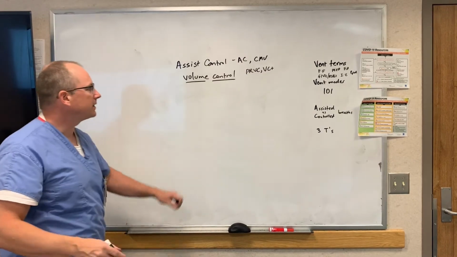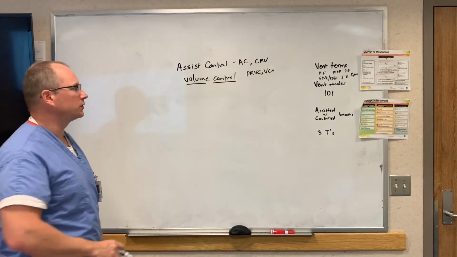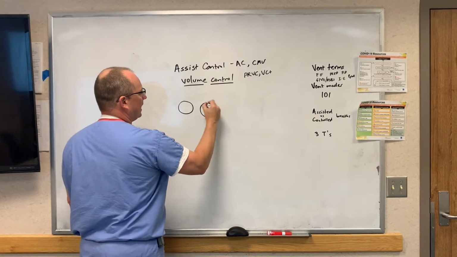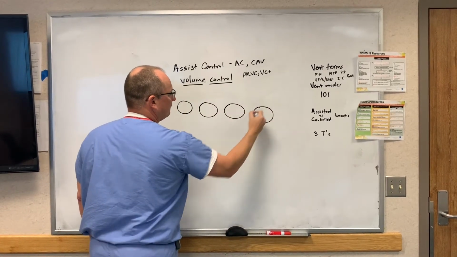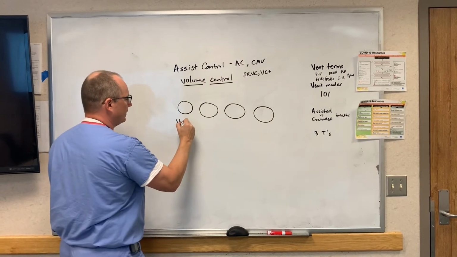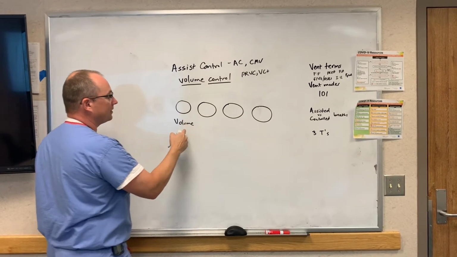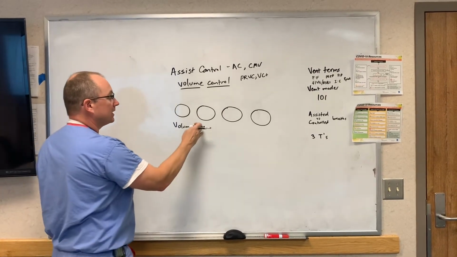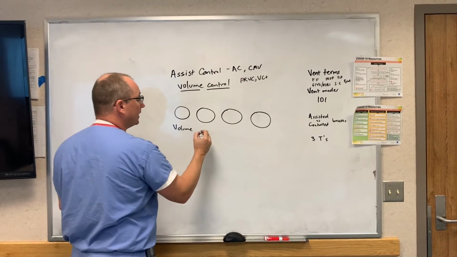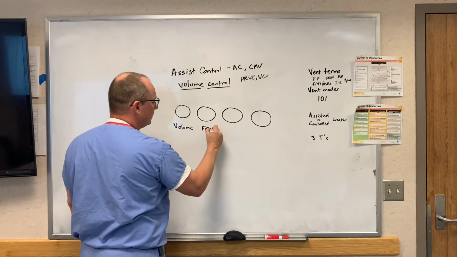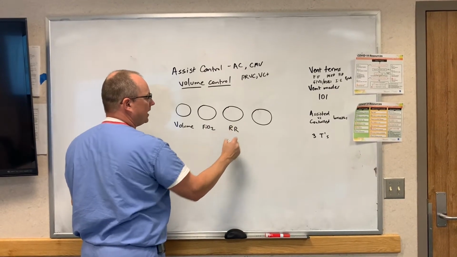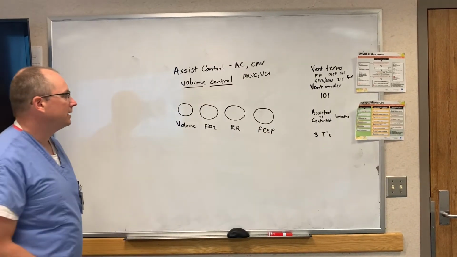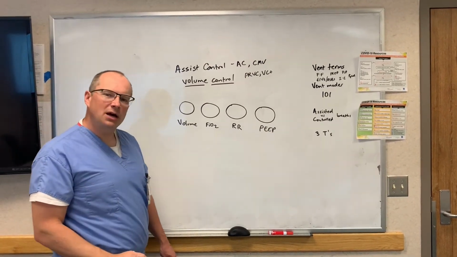So I'll talk a little bit about the parameters of what you set on volume control. So once again, if these were the buttons at the bottom of a ventilator, in volume control mode, you're going to be setting a tidal volume, or the amount of volume that's going in with each breath. Here, we're talking about FiO2, we're talking about respiratory rate, and then also we're talking about PEEP. Now just kind of run-of-the-mill numbers.